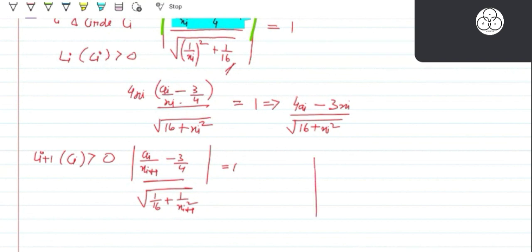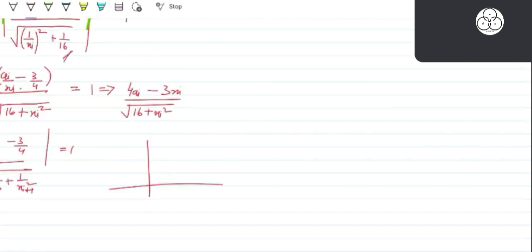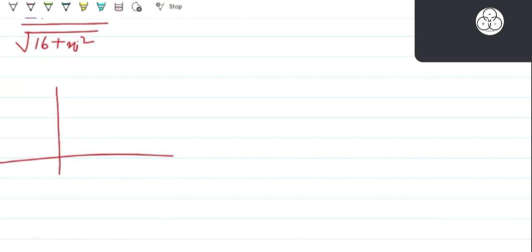Let me explain it here. This is negative, this is going to be negative, sorry for the mistake. This is going to be negative because, let me show you just once, we'll get one more explanation. This is the circle and this is the line Li plus 1. This is the center 0 comma 0.